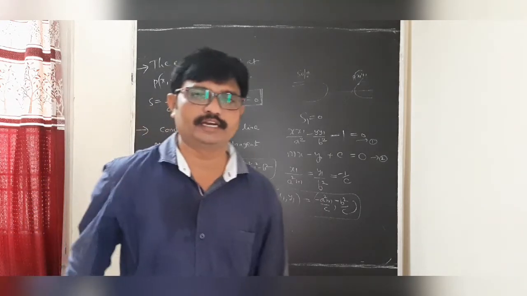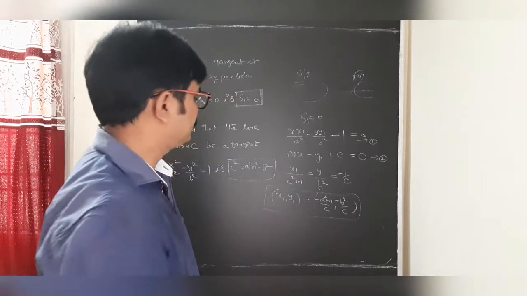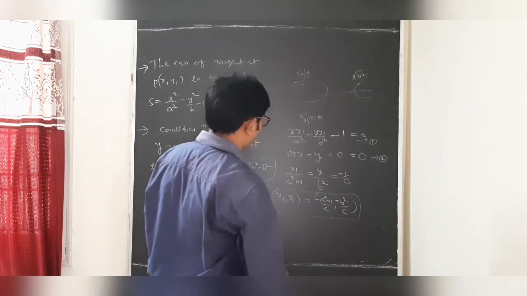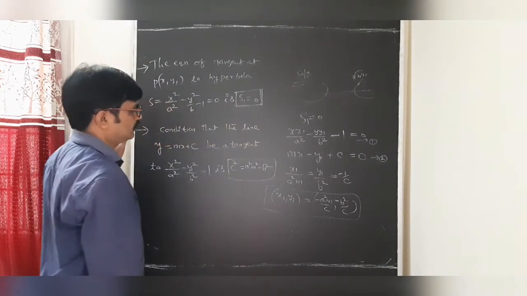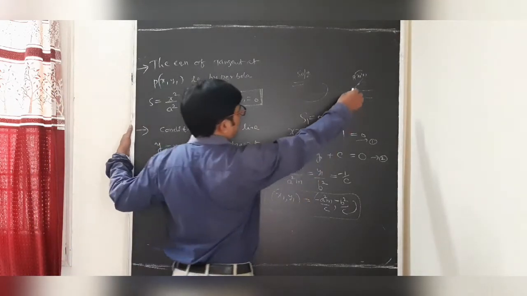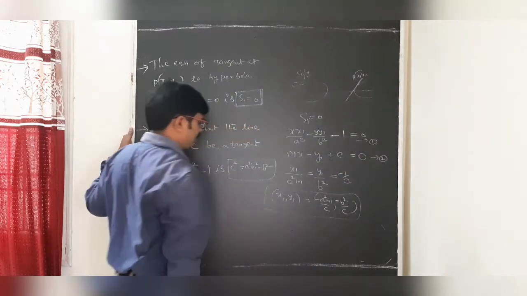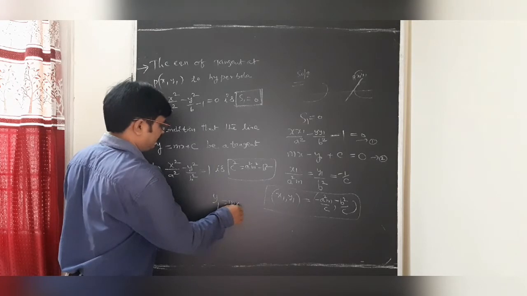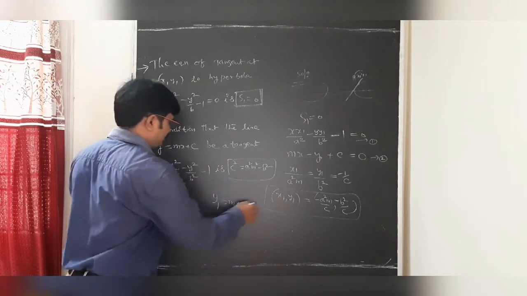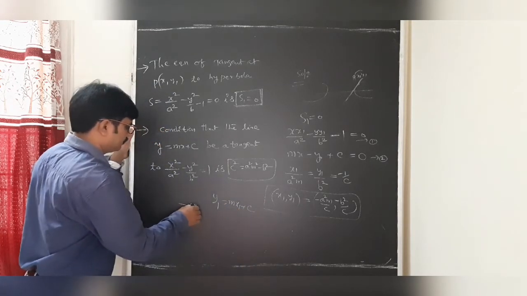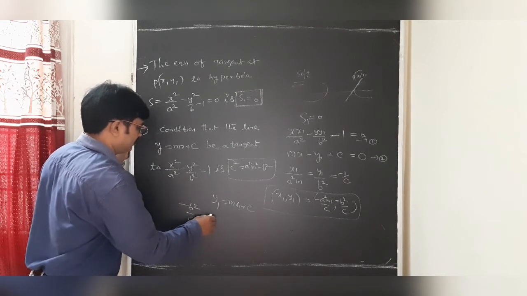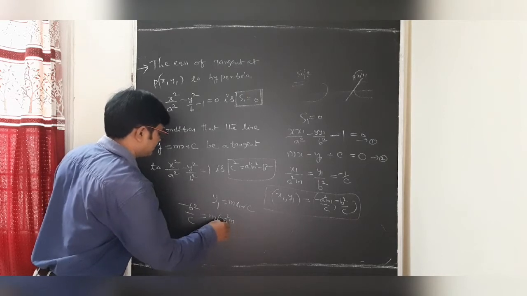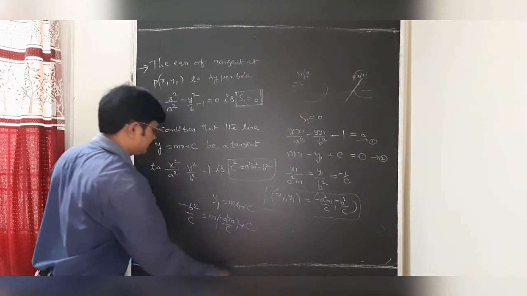You can observe the similar result in the ellipse, but here it is b square by c. So students, the point (x1, y1) lies on both the line and the hyperbola. So y1 equal to mx1 plus c. Substituting, y1 is minus b square by c, m into x1, where x1 is minus a square m by c, plus c.